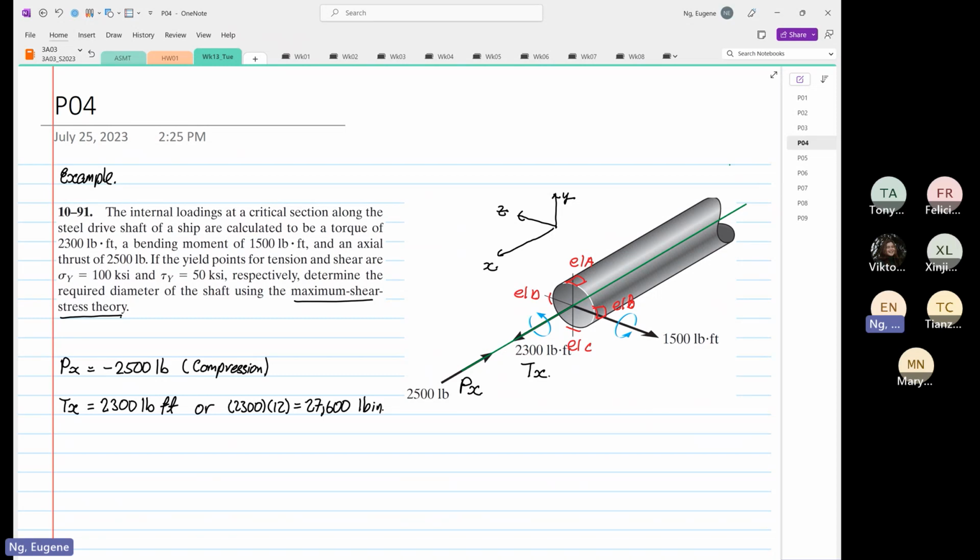Why we have to change to pound inch and not work in feet is because our stresses are in square inch, not square feet.